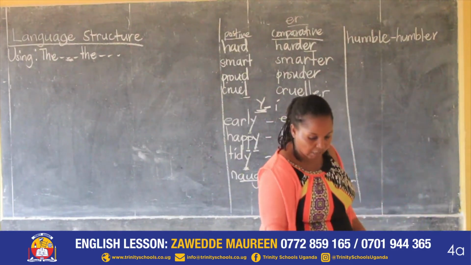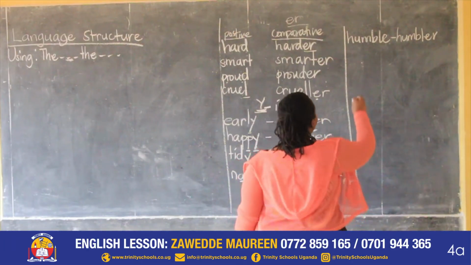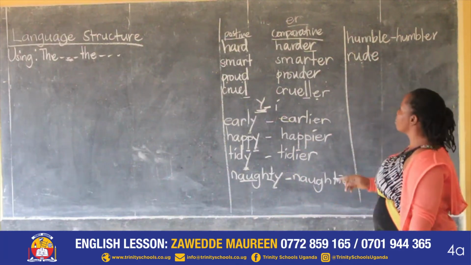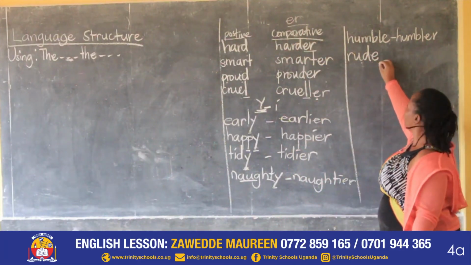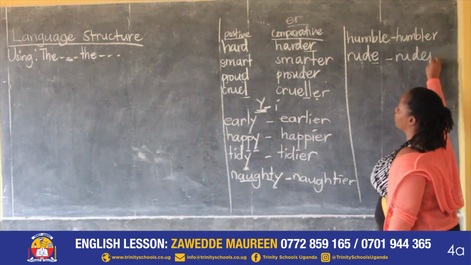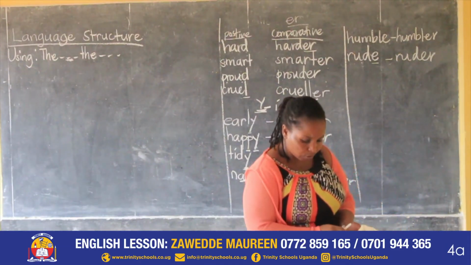You just add letter R. Another example of such words is the word rude. The word rude ends with letter E. The concept is you add ER, but this one already has its E. You just say ruder. The list is endless. You can add on.